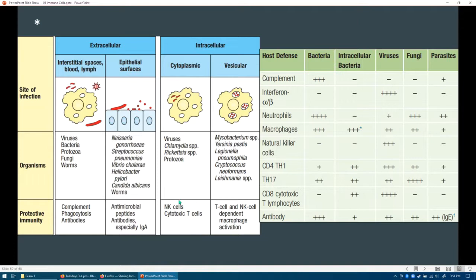Then there are cytoplasmic parasites and pathogens, and vesicular pathogens. And all of these require a slightly different response. And then this table also compares and contrasts the ideal bacteria, viruses, fungi, parasites, and intracellular bacteria, and the mechanisms by which they are dealt with. So different pathogens, different responses is the point of this slide.